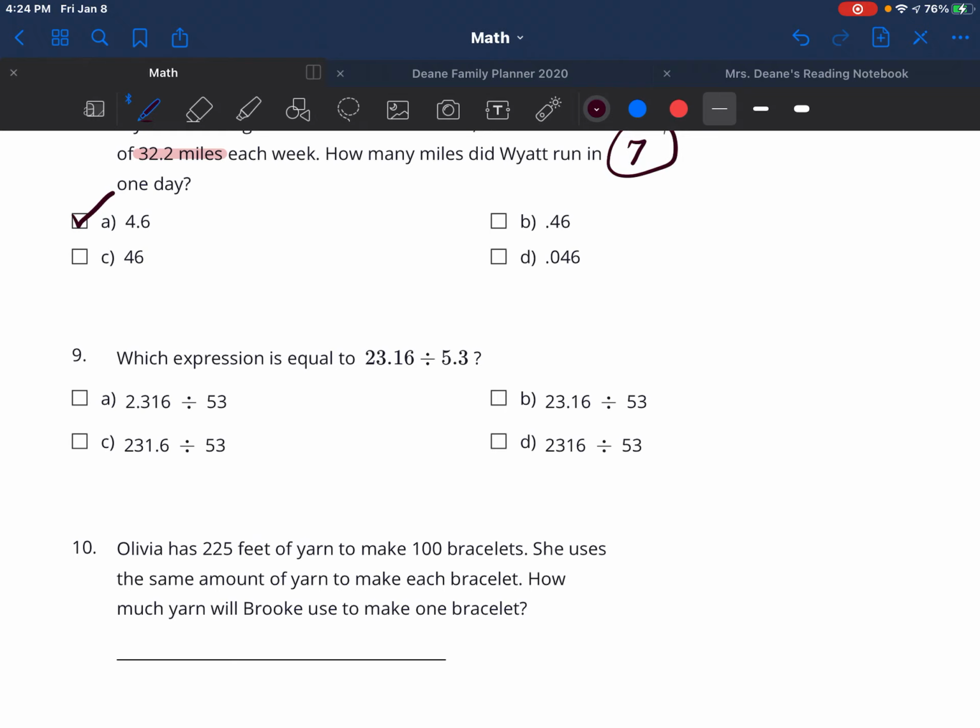Number 9, which expression is equal to 23 and 16/100 divided by 5 and 3/10? All you're doing here is moving the decimal because you know you couldn't divide with a divisor that has a decimal in it. So if it helps you, you could set it up like this.